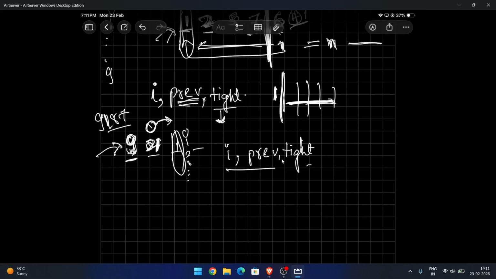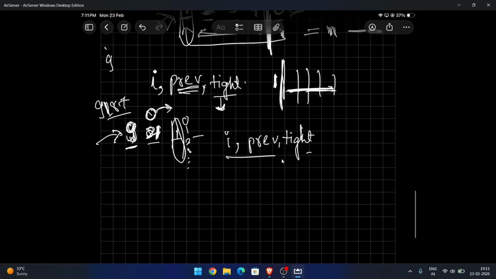So with these three values, I can find every possible number. So we will start from i equal to 0.